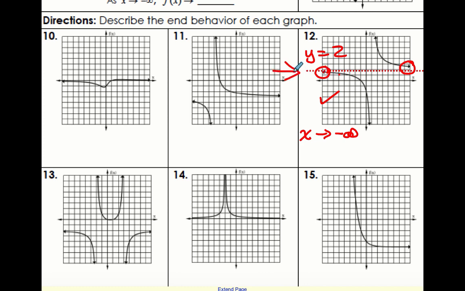And just as an FYI, that line is technically called an asymptote. We learn about asymptotes when we go through rational functions, and exponential functions, and logarithmic functions. So my y value, or my f of x, is approaching 2, but from which side? Well, it's under, so that means it's the negative side.